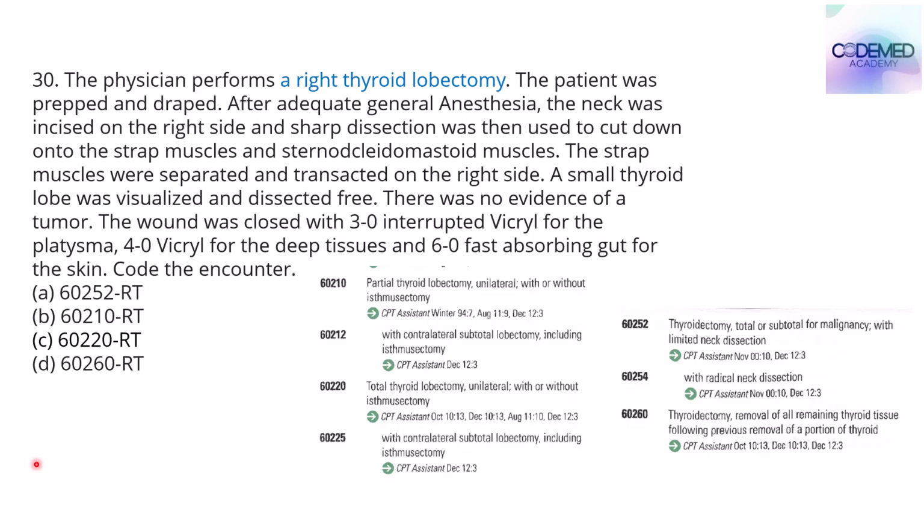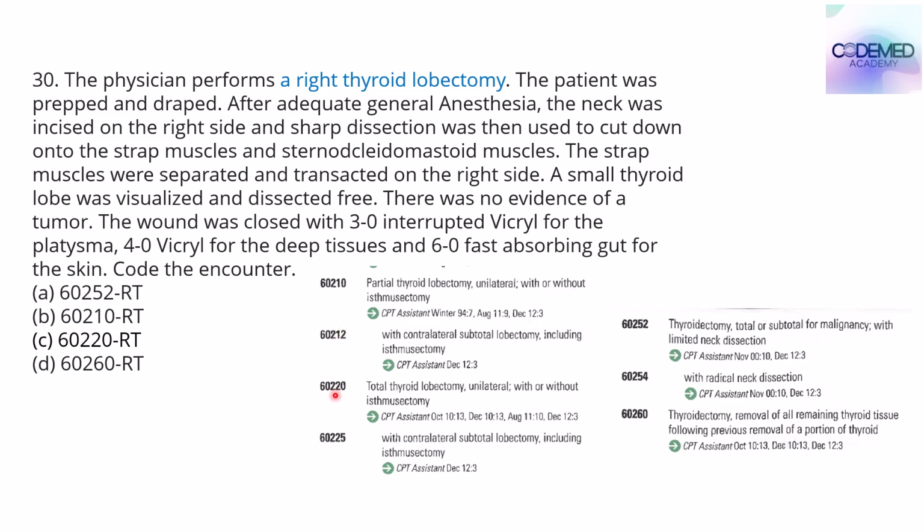So the physician performs the right thyroid lobectomy. They have removed part of the right thyroid lobe, and we need to code for that. From the anatomical design of the gland, we know that there is a right and a left lobe. So pay attention to what has been removed, and depending upon that, we are going to code it.